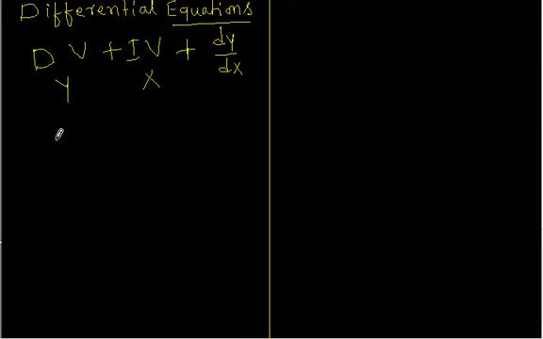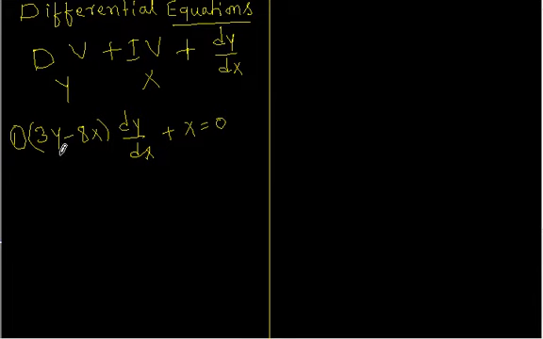Let me write some examples of differential equations, like 3y minus 8x times dy over dx plus x is equal to 0. I'm first writing the examples of the differential equations.